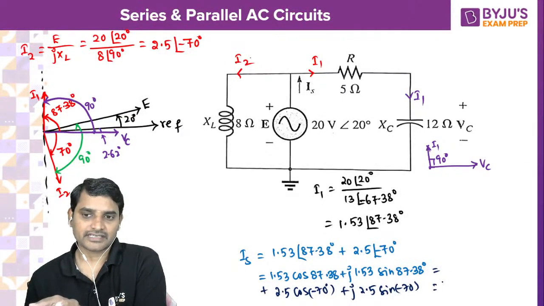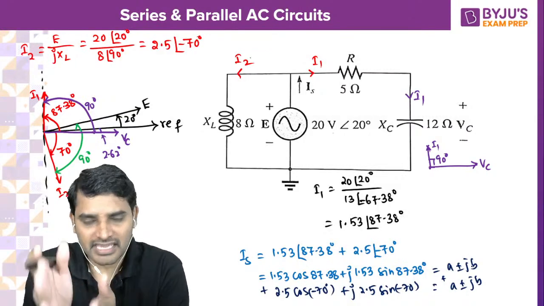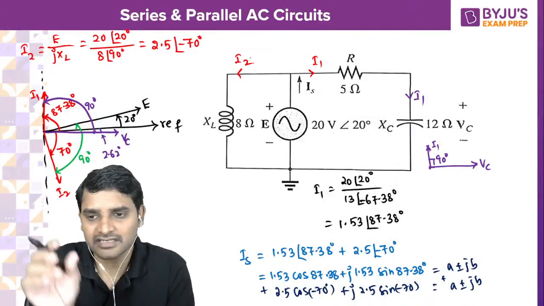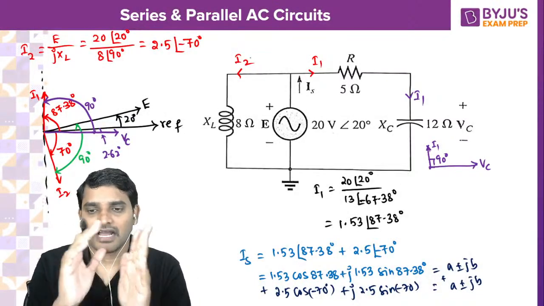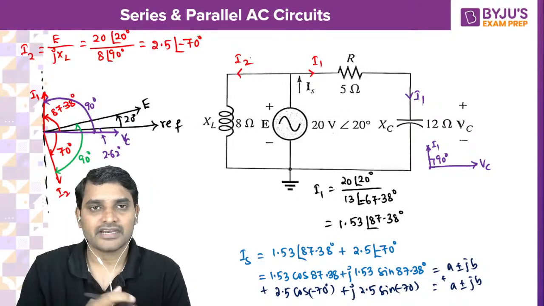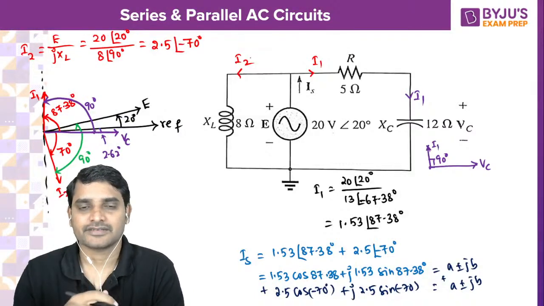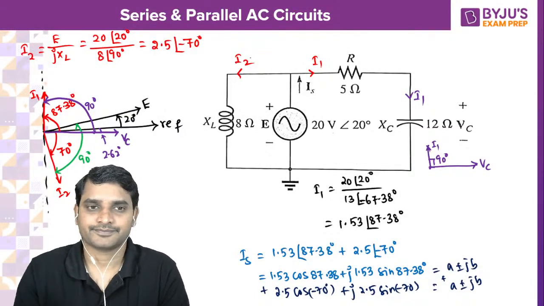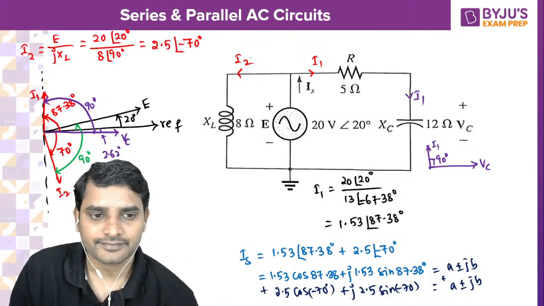Here also you will get a plus jb or a minus jb. You add real terms, add imaginary terms. You will get, at the end of the day, x plus jy format. Again you can convert into phasor domain: square root of a square plus b square, and tan inverse of b by a, you can get in terms of phasor domain. That's it. So from that you can say the total current. Okay, is it clear for everyone so far?